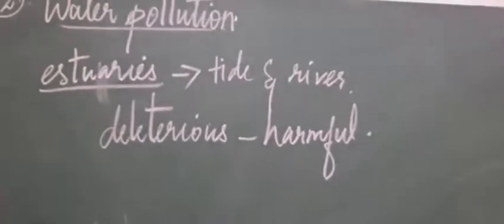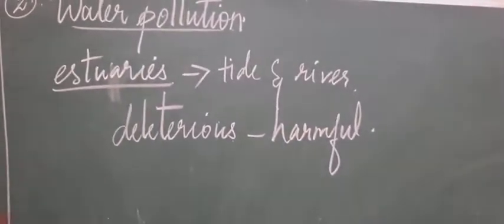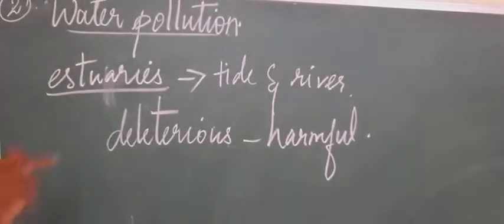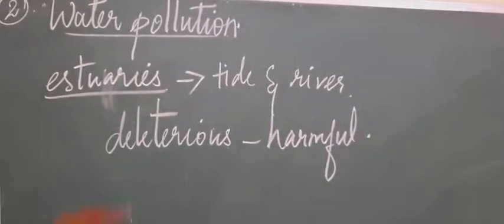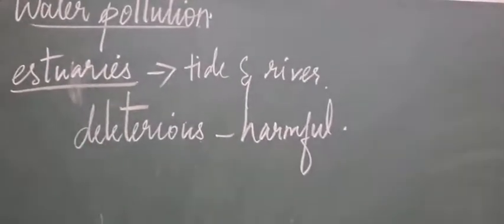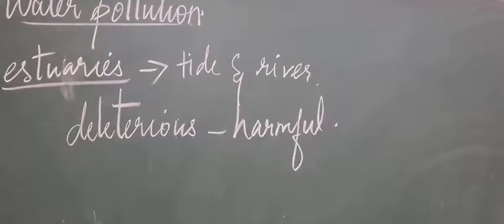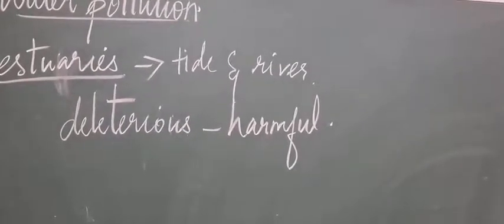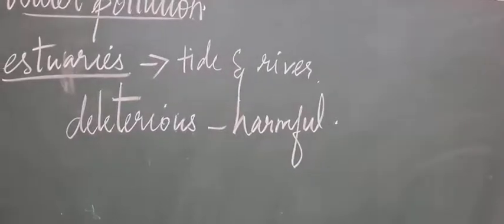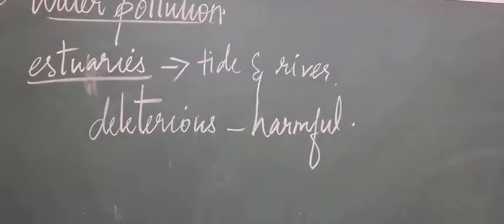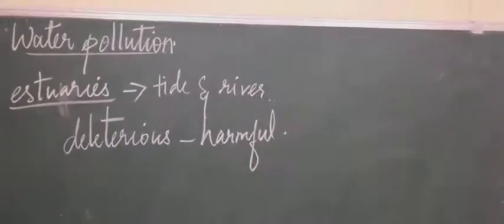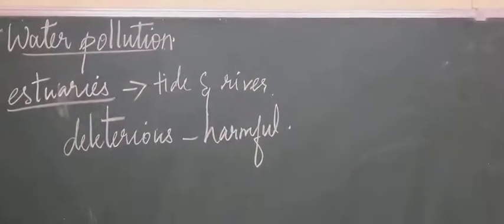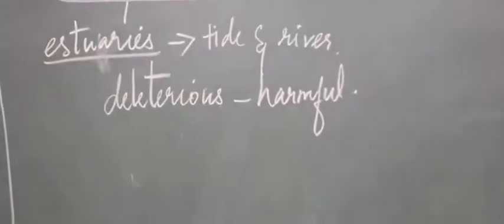The point where the river drains into the sea is called estuaries, and deleterious means harmful, which brings an adverse effect to the natural environment. So, to the living resources, the hazards to human health, and also the hindrance of marine activities.